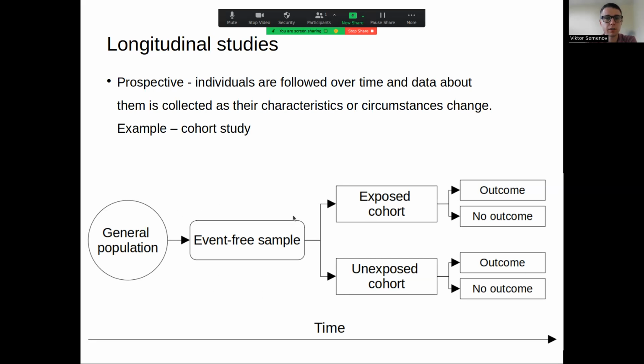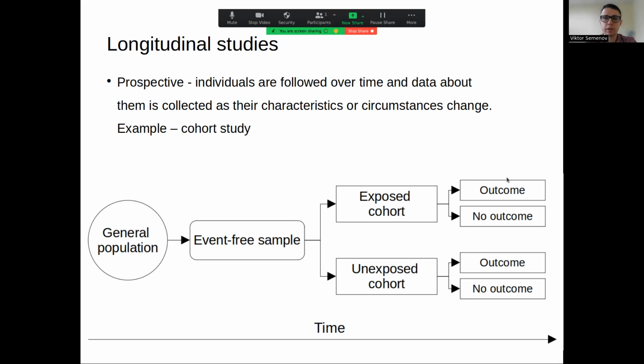So we set an event-free sample in order to proceed with them in the study further. Then this sample is divided into an exposed cohort and an unexposed cohort. Usually we operate with the terms exposure and outcome. Outcome is a disease or result. If I'm speaking about biomedical studies, we frequently speak about disease.